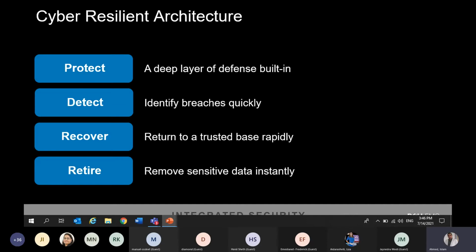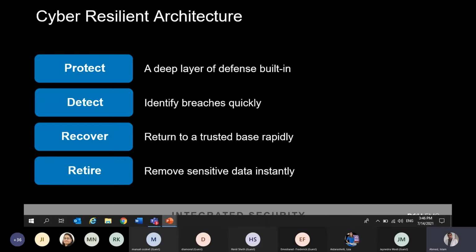Cyber Resilient Architecture, CRA, is at the core of the PowerEdge integrated security. The CRA approach is robust since it infuses the security mindset right from the design of the component to the subsystem to the platform.